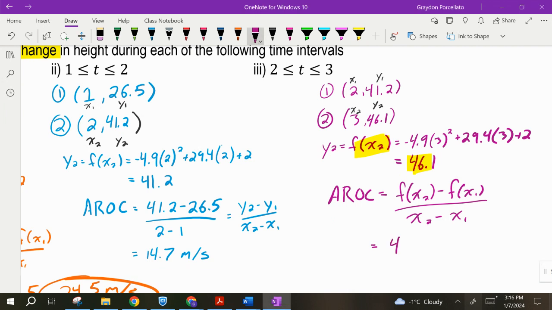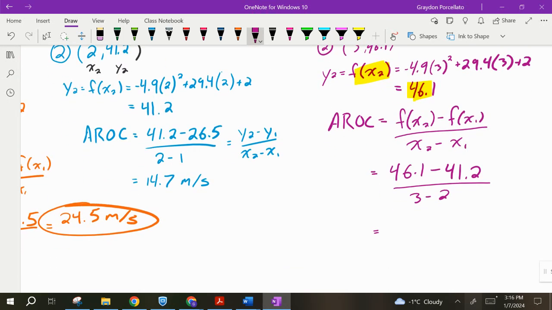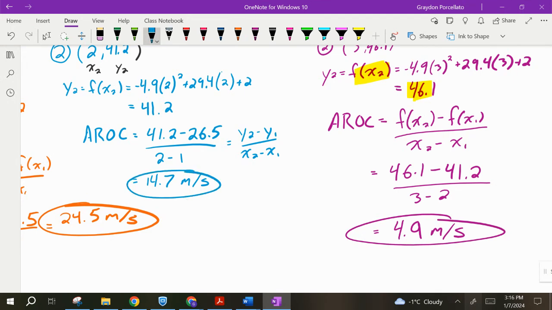So that's 46.1 minus f of x1, which is this value right here, my y coordinate. So minus 41.2, all divided by 3 minus 2. And when I calculate that, I get 4.9, and that's meters per second. Okay, so we've calculated 3 average rates of change.